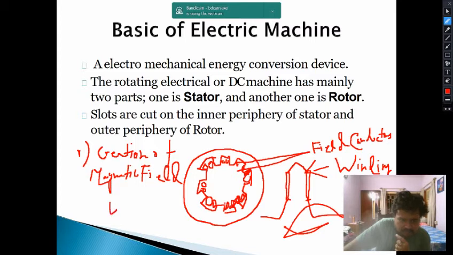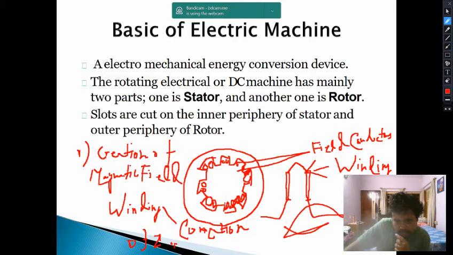So this is a winding. This is the stator.